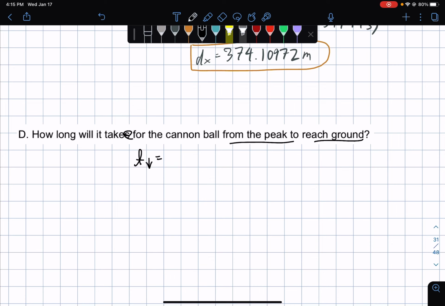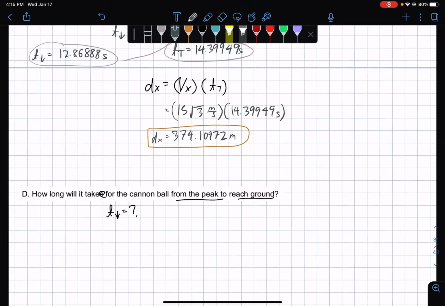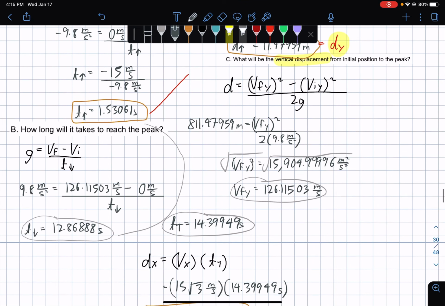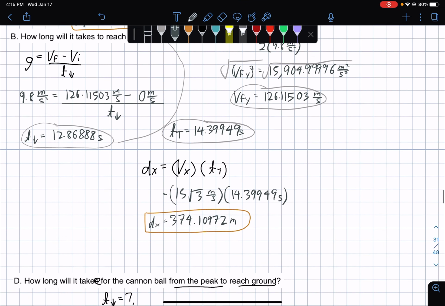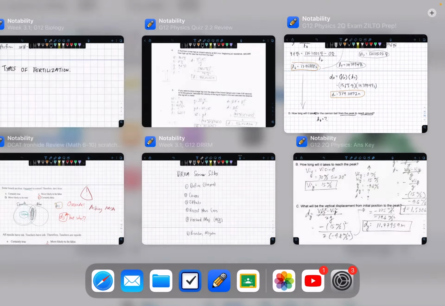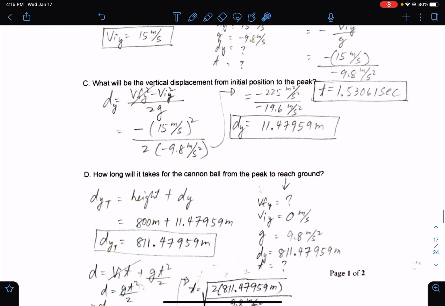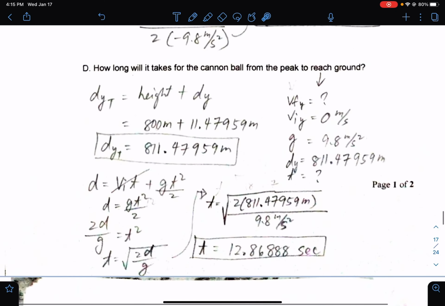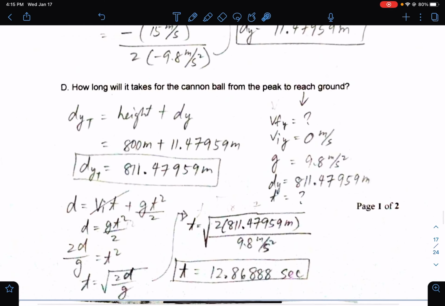So that is time going down. We already solved for it a while ago. Where is that? T going down. It's this one. 12.86888. Let's see if we have the same answer. There, 12.86888 seconds.